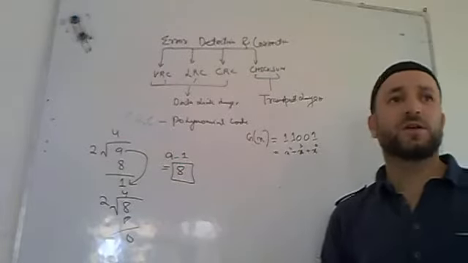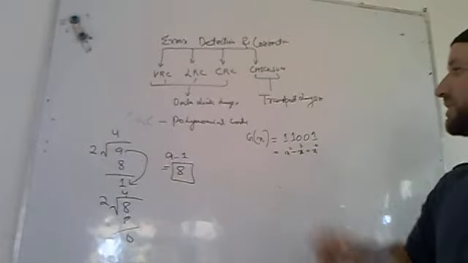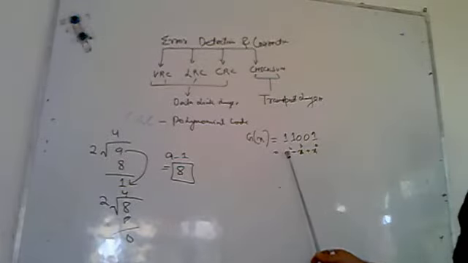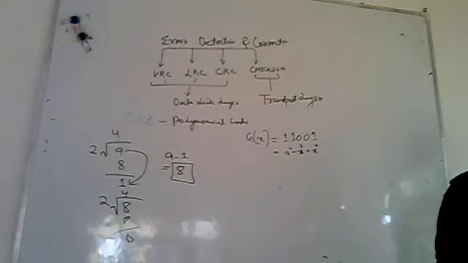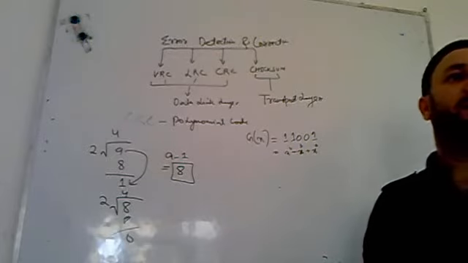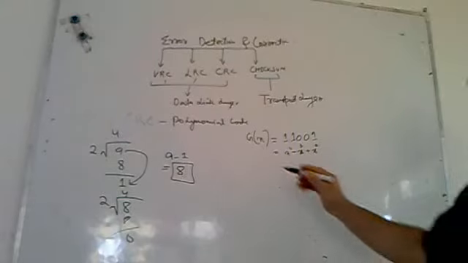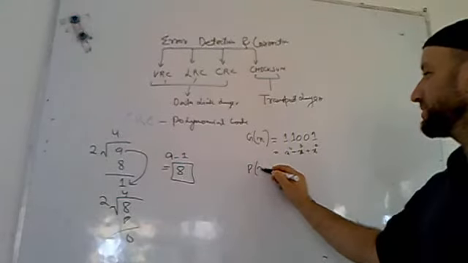What is the degree of this g of x? 4, the highest order. So I will add 4 zeros at the end of my data. Let my data be p of x.